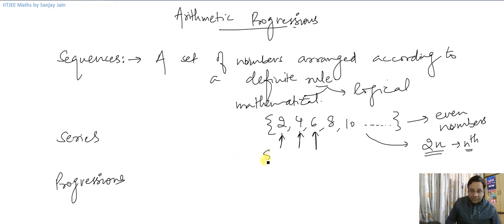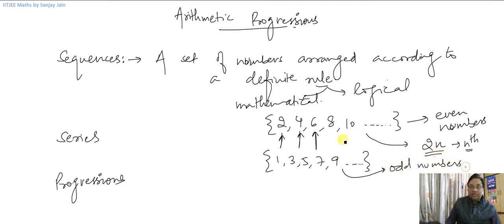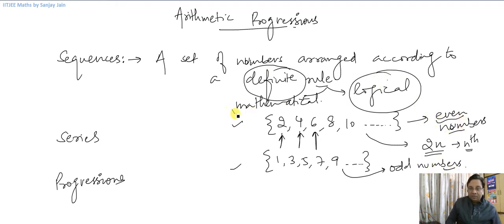Now, if I write another sequence like this 1, 3, 5, 7, 9, you can observe that I have written a sequence of odd numbers. Now, these two sequences follow a definite rule and a logical rule that I am writing even numbers here. And this is also following a mathematical rule by which we can calculate the nth term.